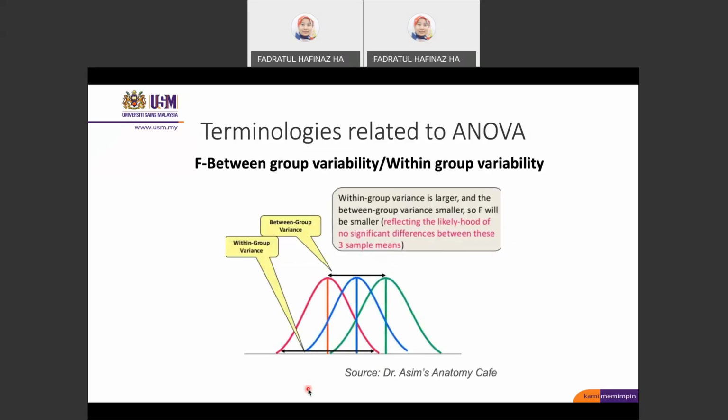So, F equals between group variability over within group variability. So, it's pretty intuitive. Okay, that formula is pretty intuitive.